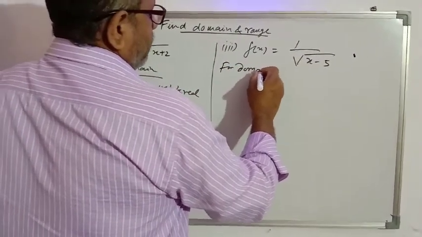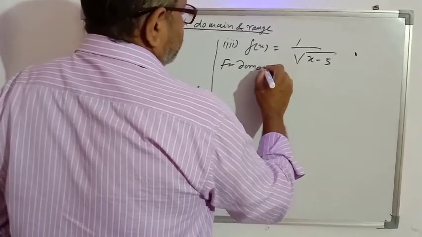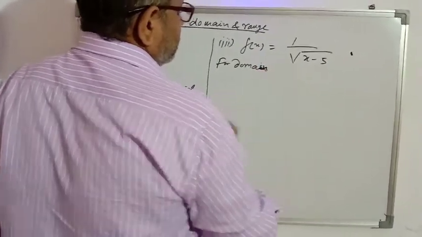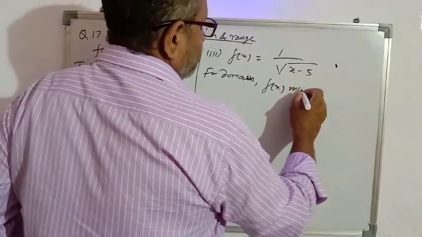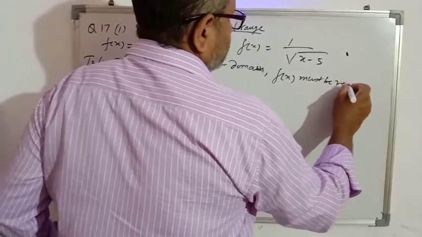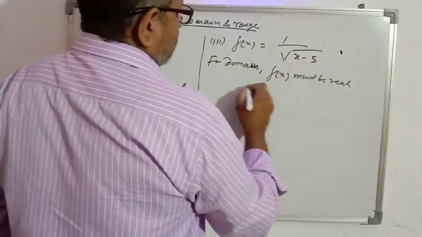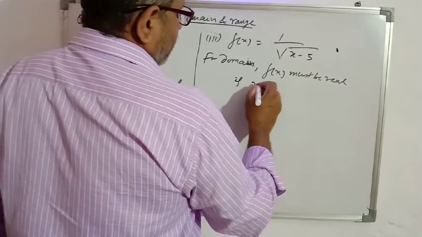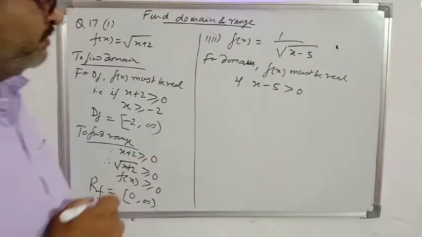To find the domain, f(x) must be real. So when will f(x) be real? If x minus 5 is greater than 0.